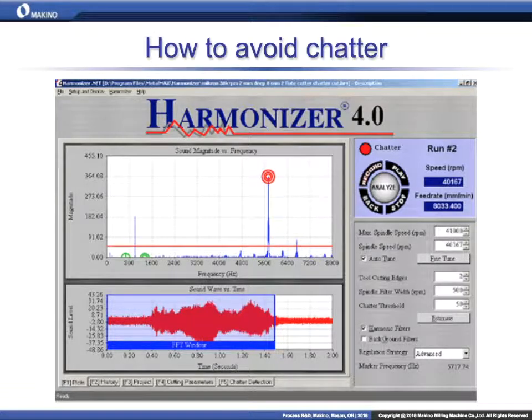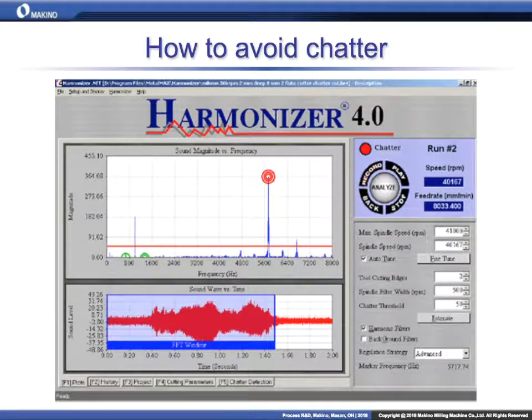So this uses acoustical signals, and it analyzes those acoustical signals. Just like when a machinist hears a cut and says, you're chattering, that's not good, we need to fix some things. He knows based on the sound what a good stable cut sounds like and what a bad chatter cut sounds like. Well, you need that person there who knows the differences in those two sounds to tell you if you're chattering or not.